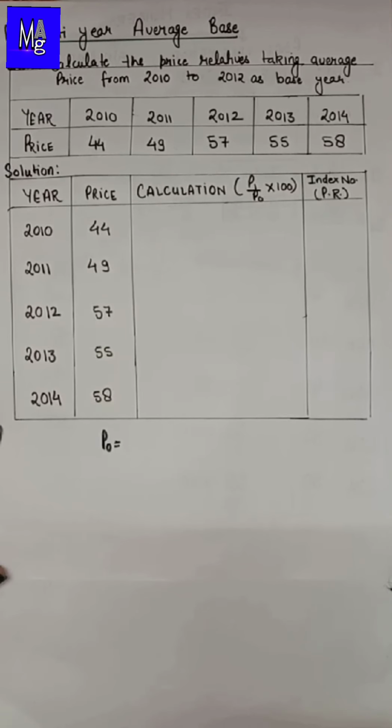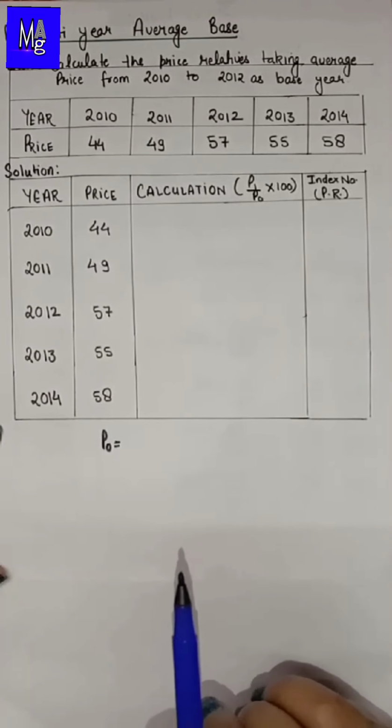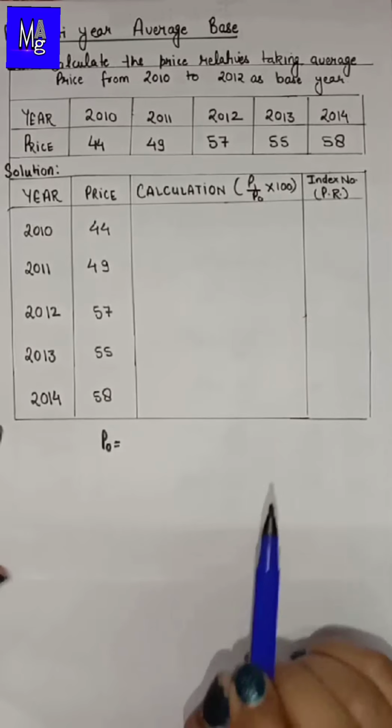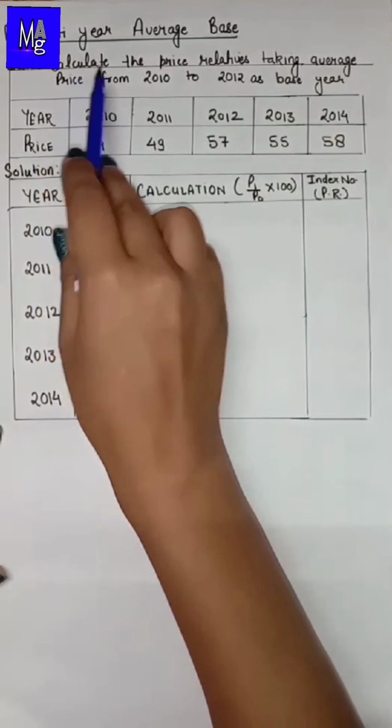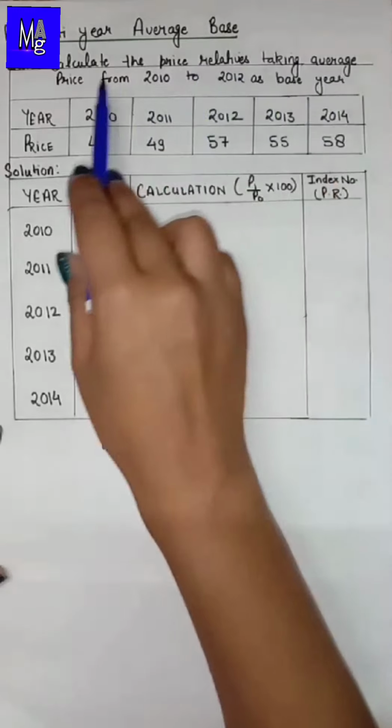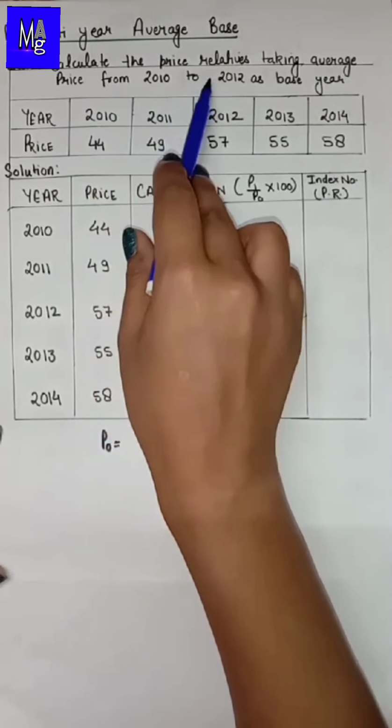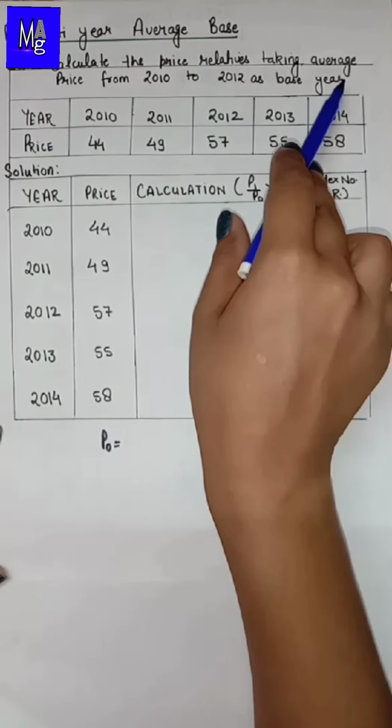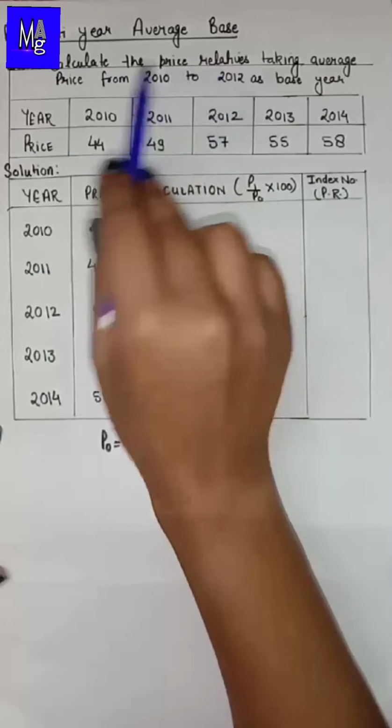Next is multi-year average base, where you have to take the average price of a few years as the base year. For example, the question says calculate the price relatives taking average price from 2010 to 2012 as base year. So you have to calculate the base year first of all.